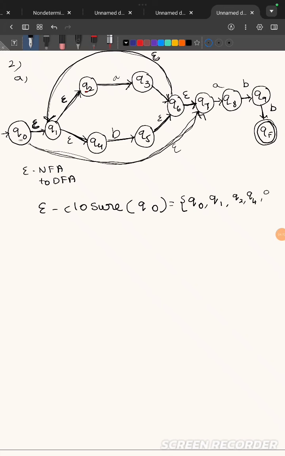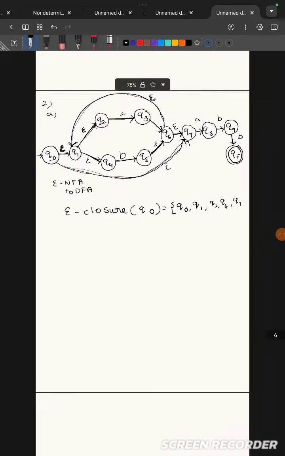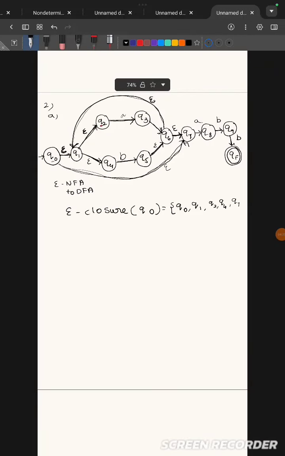So that also we can write. Other than that, there is no epsilon transition from any of the states, so we can close the loop. Now this Q0, Q1, Q2, Q4, Q7, I will name it as A.